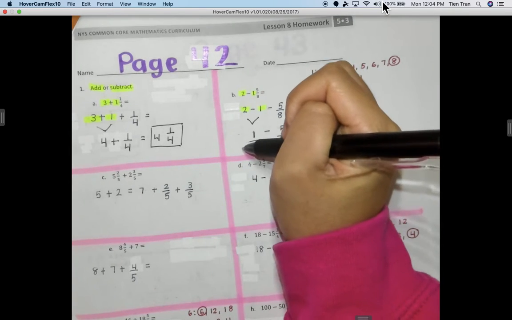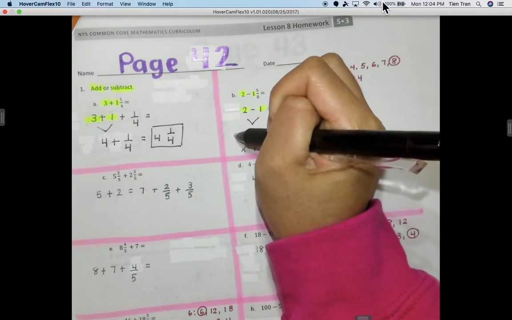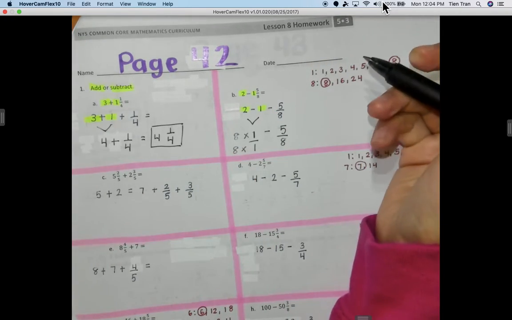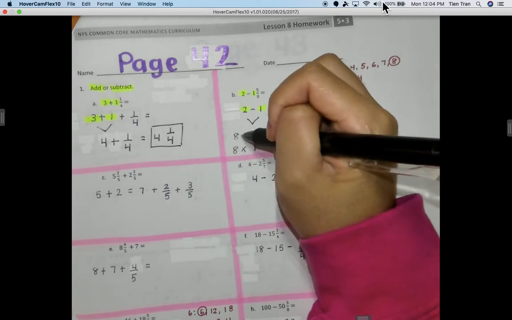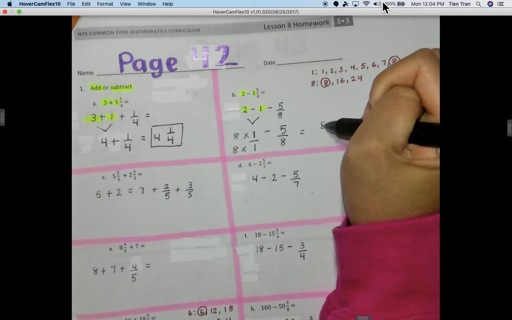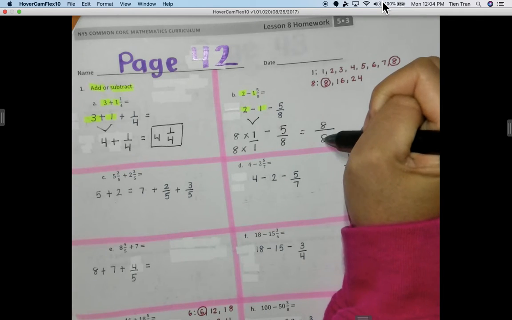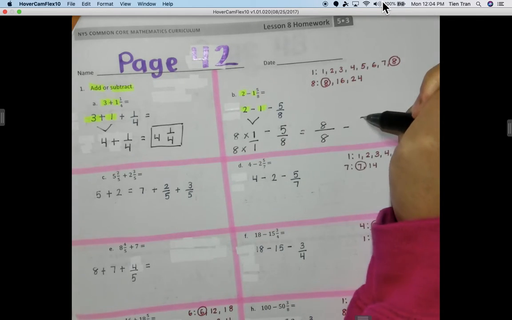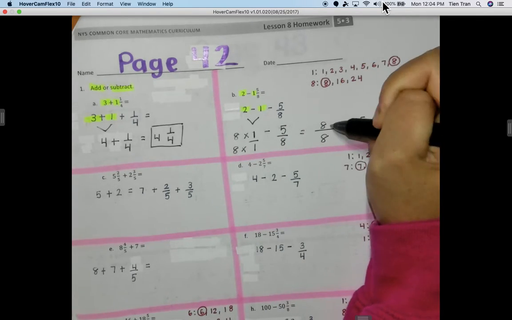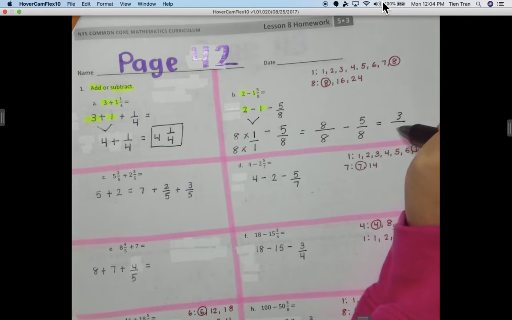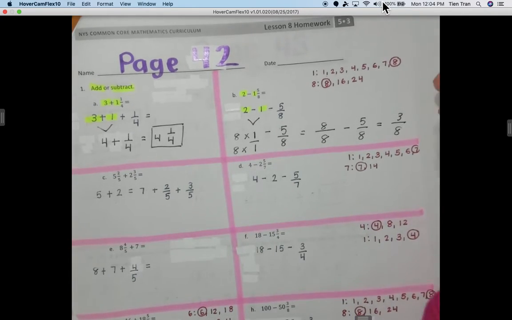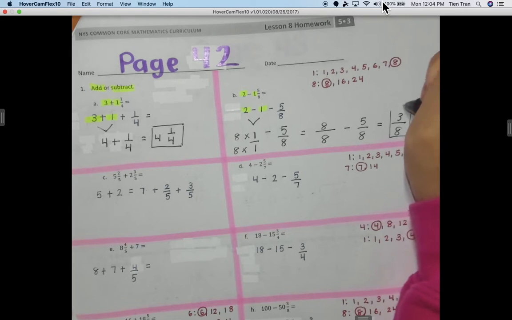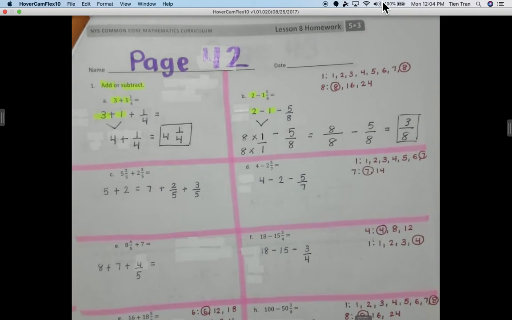So that means that I need to multiply the top and bottom number by 8 in order to solve. So now I can solve. 8 times 1 is equal to 8, and 8 times 1 is equal to 8, and 5/8 stays the same. So 8 minus 5 is equal to 3, and my denominator is 8. So my final answer is going to be 3/8.